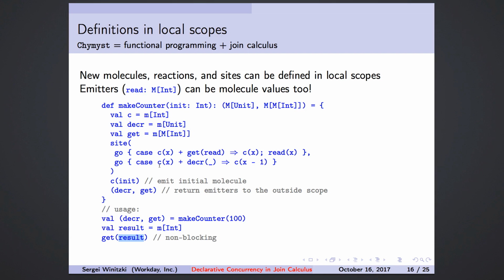How do you prevent people from emitting this thing? Well, you prevent them by putting it into a local scope. That's it. No amount of Java reflection will help you here. It's in a local scope, it's hidden.